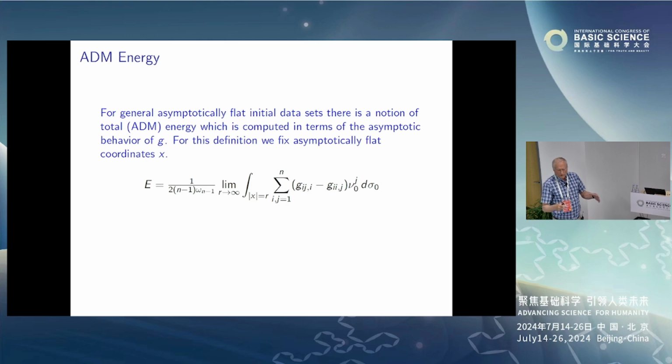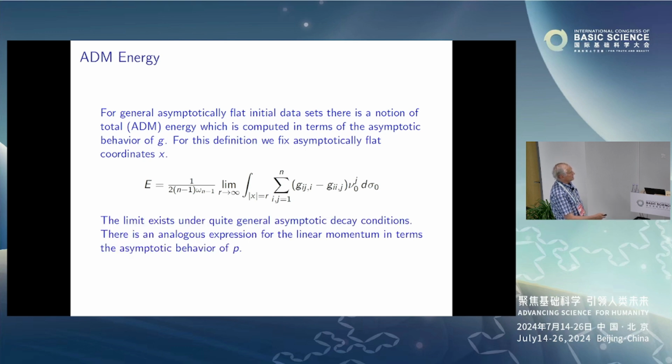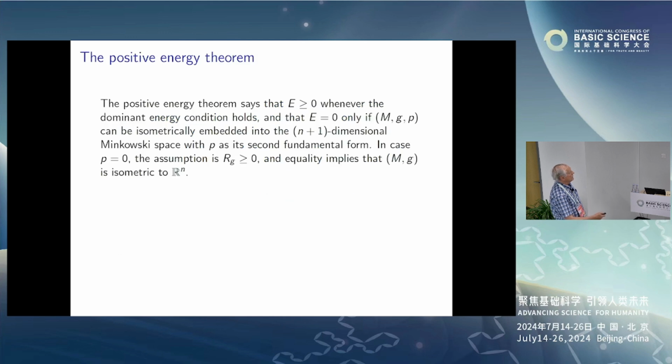If you linearize the scalar curvature at the Euclidean metric, you get a divergence, and the boundary term of that divergence is the term that appears there, and you take the limit as R is large. The limit exists under quite general decay conditions. There's an analogous expression for the linear momentum, which depends on the asymptotic behavior of P. So I won't focus much on that here.